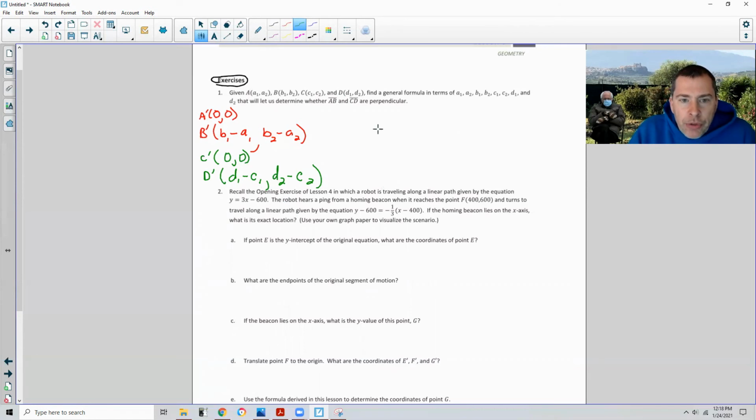And now I'm going to substitute these values in. Remember, we take the X value times the X value.